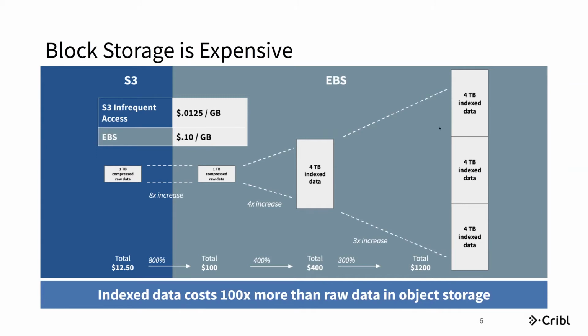And when I put it into a log search system, that's going to end up costing me $1,200 a month. So truly, putting data into an inverted index is the right thing to do for the right use cases, but it's going to cost you 100 times more than putting the data into inexpensive storage.